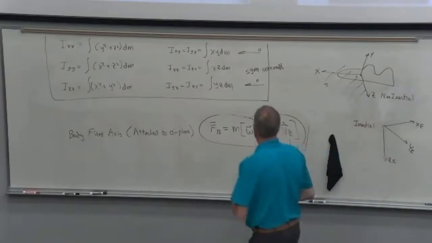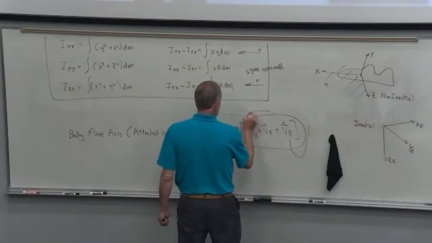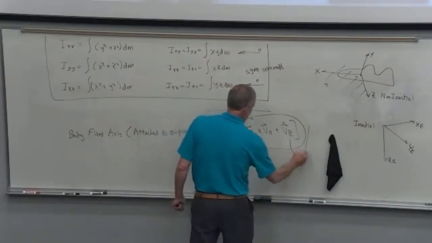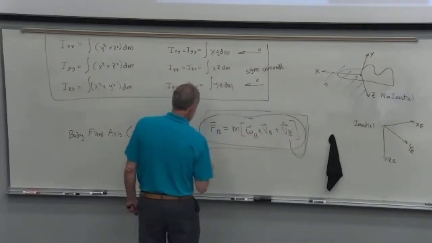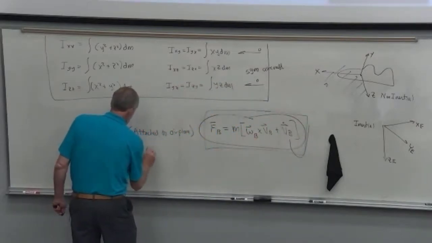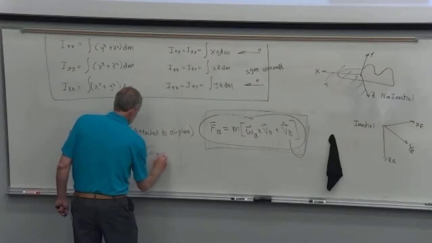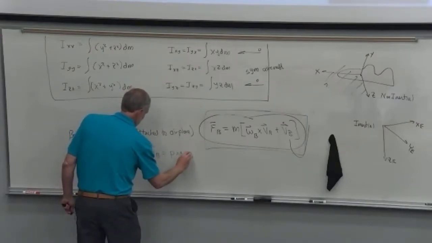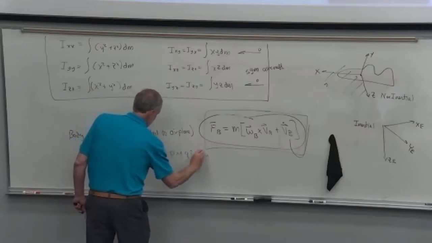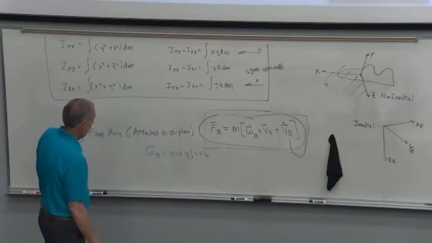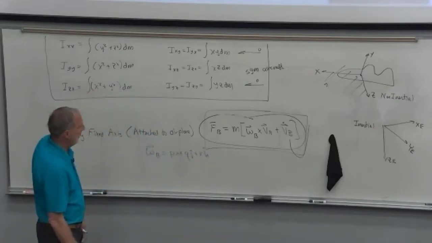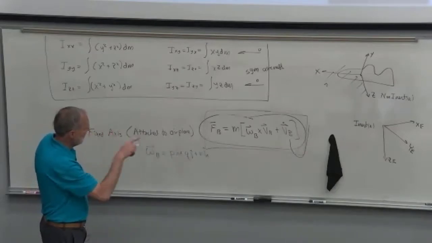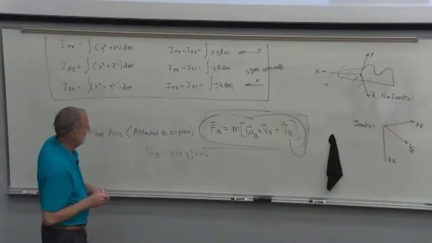So what I'm going to do next is take this equation and plug in omega in terms of P, Q, and R, so that we're going to express it in terms of 3 equations rather than a big vector equation.